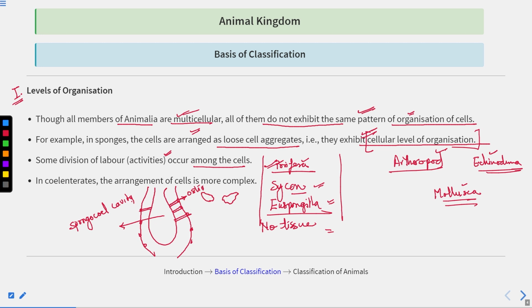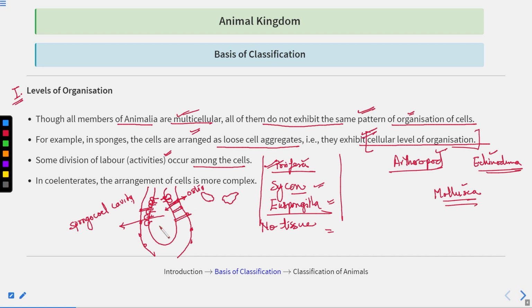Now, water moves from the ostia to the inside. Okay, they have here a special type of cells. All their inner surfaces are lined by collar cells, choanocytes. Very important. Now these choanocytes take away the food material which comes with the water from the ostia.